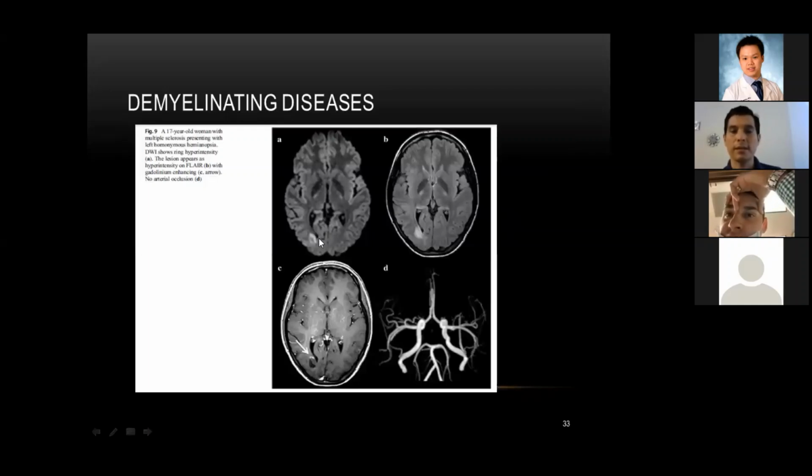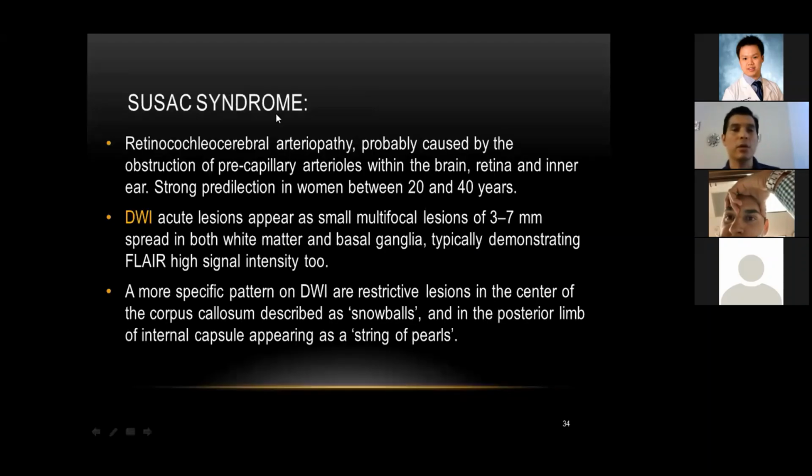This is an example in a 17-year-old woman with left homonymous hemianopsia, and DWI shows this hyperintensity. In this case there is no ADC change, but you can see the lesion in FLAIR, and there is enhancement uptake with gadolinium with normal vascularization.